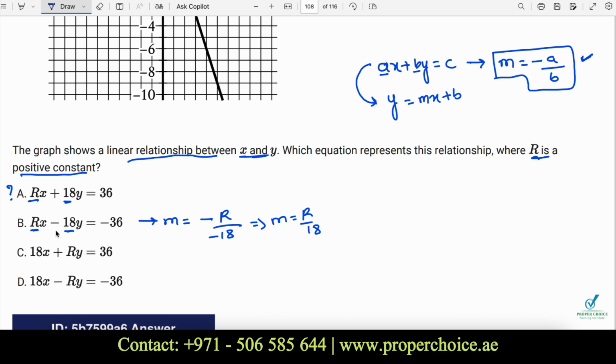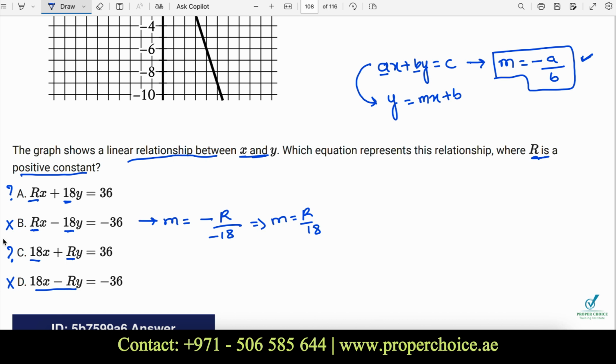So this equation has a positive slope, but the line given to us has a negative slope, so this is ruled out. In the same way, as long as the coefficients of x and y are both positive, it could be the answer. If one of them is negative, it won't be, because this results in a positive slope. Now the answer may be either A or C.